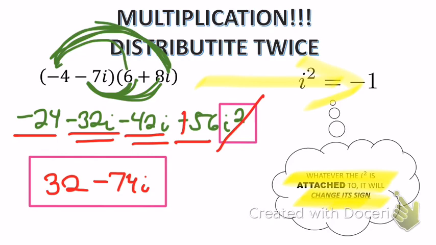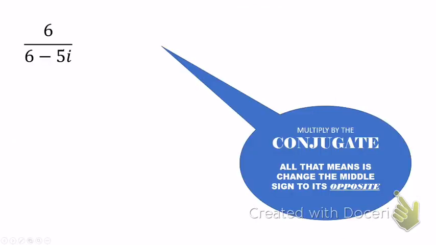And finally, the last example. Okay, we are dividing. There is a rule where we cannot have an i in the denominator. So we are going to multiply by the conjugate, which literally means change the middle sign to its opposite.